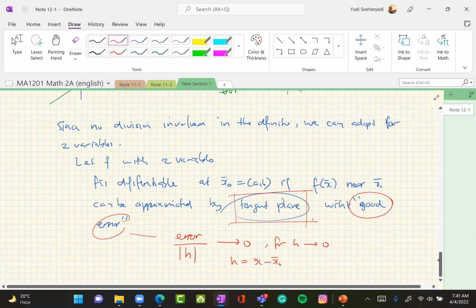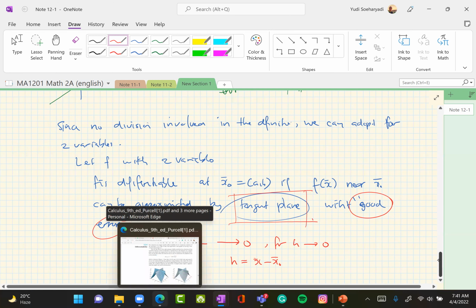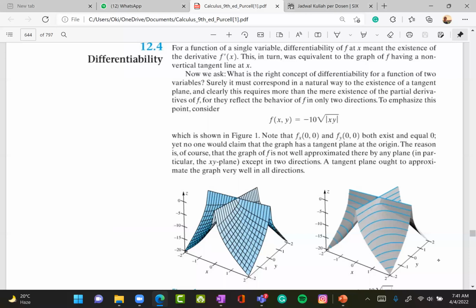All right, so let me show you the picture. I didn't graph it in Maple. You can use Maple, whatever you like, to check this one and plot it: negative 10 times the square root of the absolute value of xy. So this is the picture here.